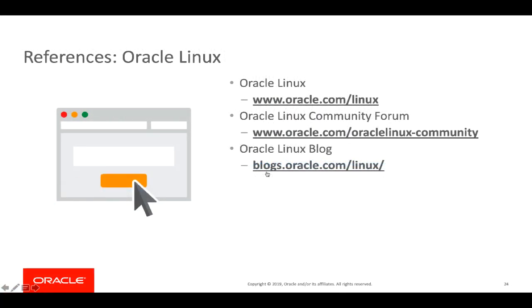References for Oracle Linux. Obviously oracle.com/linux, and starting from there you can find all the information related to the Oracle Linux distribution. Then the great community that we have around Oracle Linux as the operating system, available on oracle.com, as well as the Oracle Linux blog, where you can find announcements related to Oracle Linux or its ecosystem, because Oracle Linux is not only an operating system.